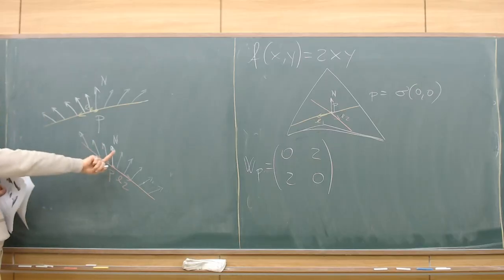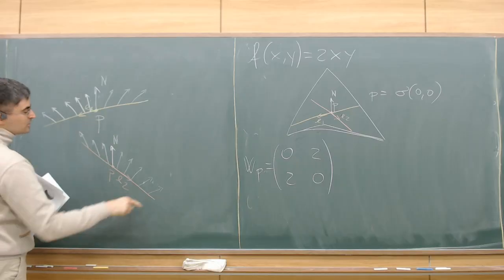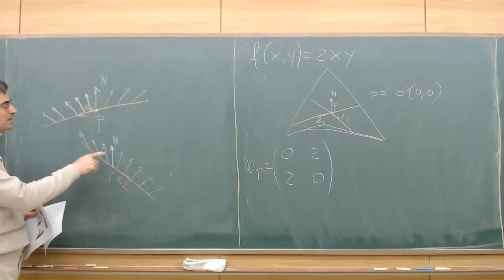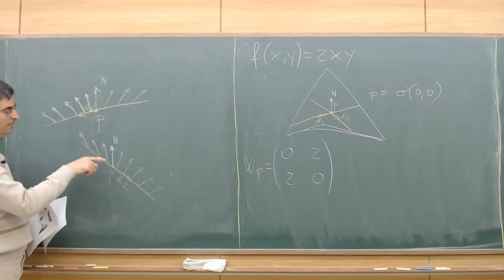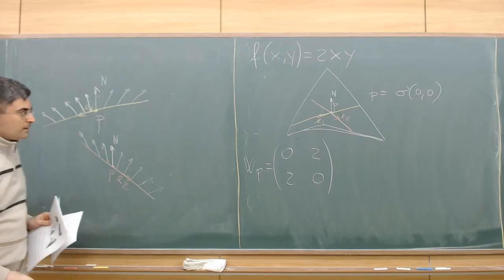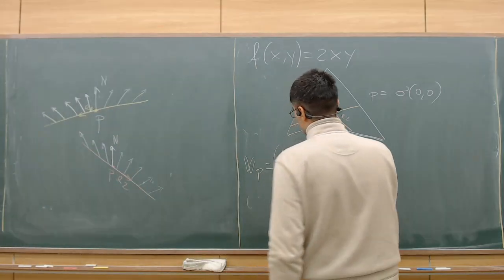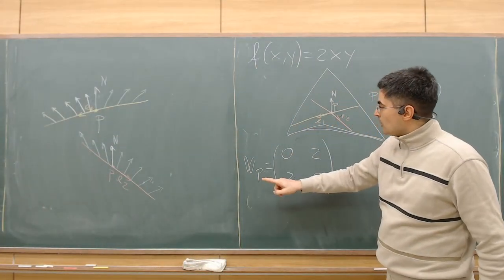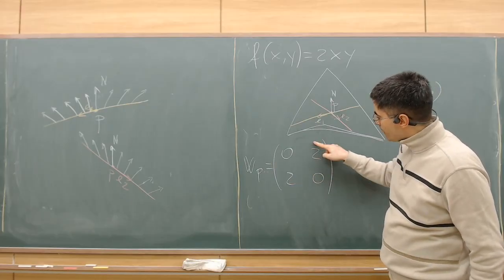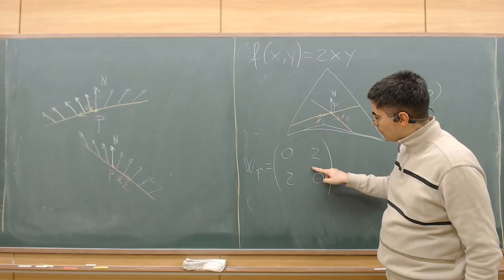It rotates this way if we move in this direction, and it rotates this way if we move in this direction. So essentially it tries to become parallel to E1. This explains why W_P of E2 has a component along E1 and a zero component along E2.